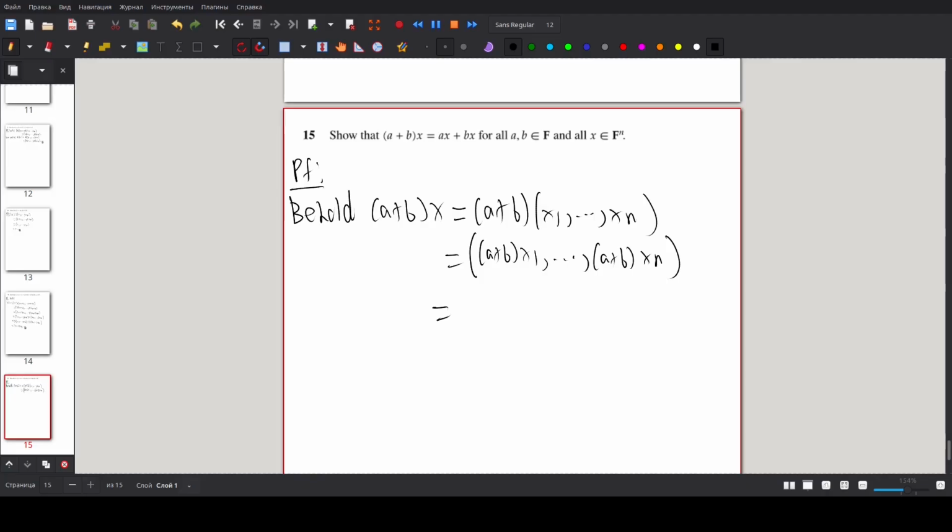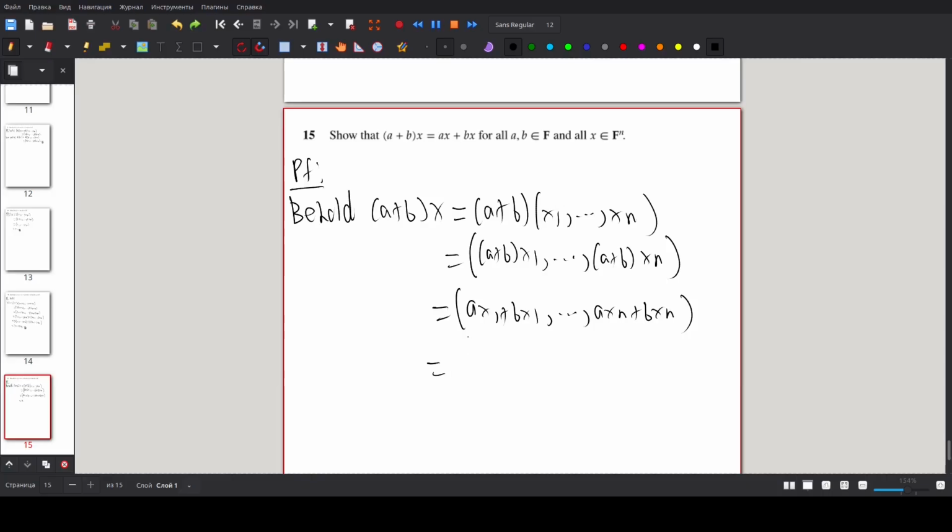Okay, but these are just numbers, right? So we can distribute. So this is going to be (a x1 plus b x1, ..., a xn plus b xn), which we can say again.